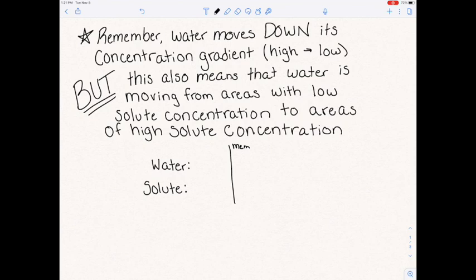So, if I have a solution on the left side that is 60% water and 40% solute, and then on the right side, my solute concentration is much higher at 60%, what that means is there's a lot less water. So instead of 60% water, only 40% of that solution is going to be water.